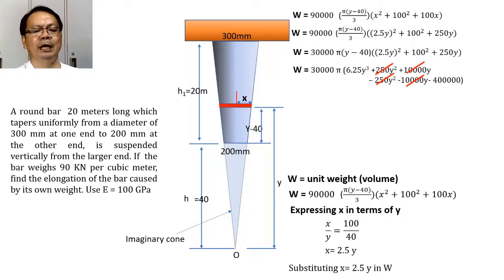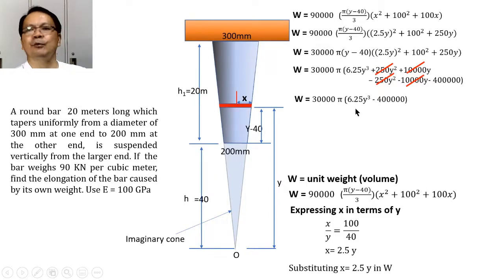And we will have a value of y or w to be equal to 30,000 times pi times the quantity 6.25 y cubed minus 400,000. Take note that this is our weight, which shall be expressed in terms of kilonewton, the product is kilonewton per cubic meter multiplied by millimeter square meter.